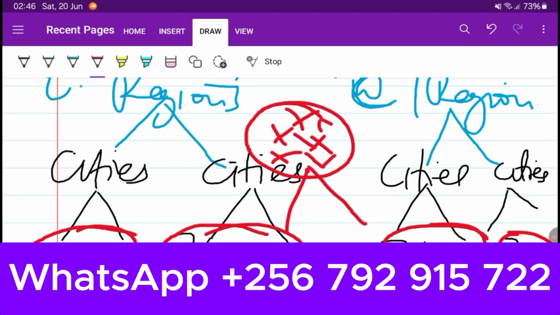So that's all about the multi-stage. It looks at the population. When the population is too big, you keep on randomly selecting samples from different regions. Then you look at towns, you look at zones. Zones are like villages, or they are like LOCs. So that's how we collect information.